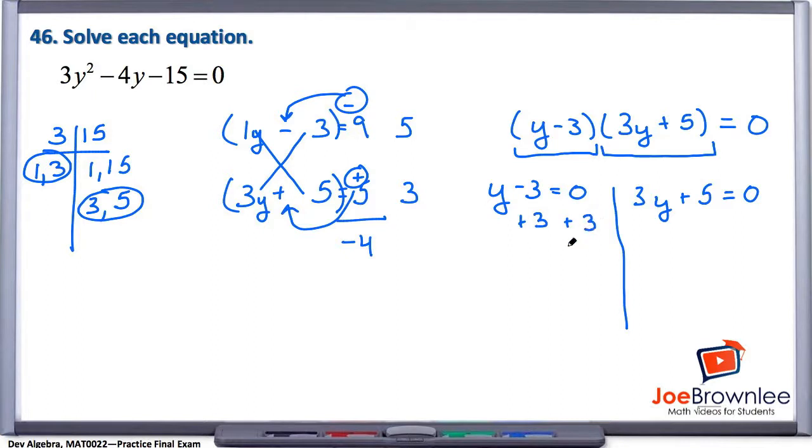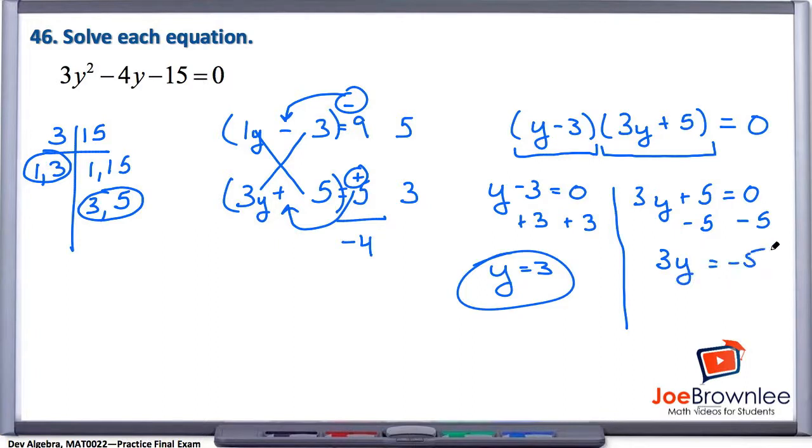We're going to add 3 to both sides, which gives us y equals positive 3 as a solution. Here on the right, we'll subtract 5 from both sides, which leaves us with 3y equals negative 5. And then we'll divide by 3, so we end up with y equals negative 5/3, our second solution.